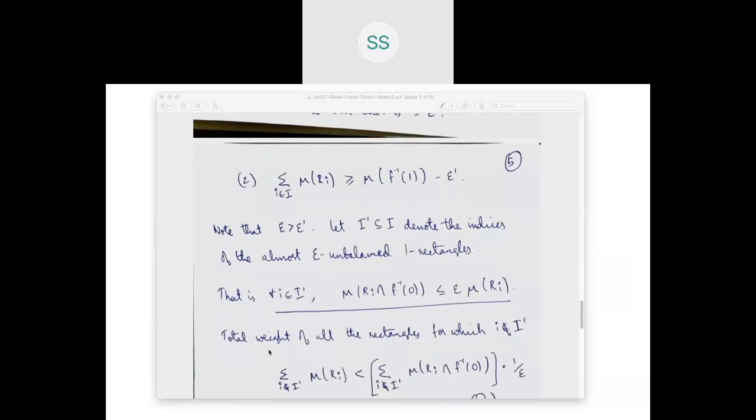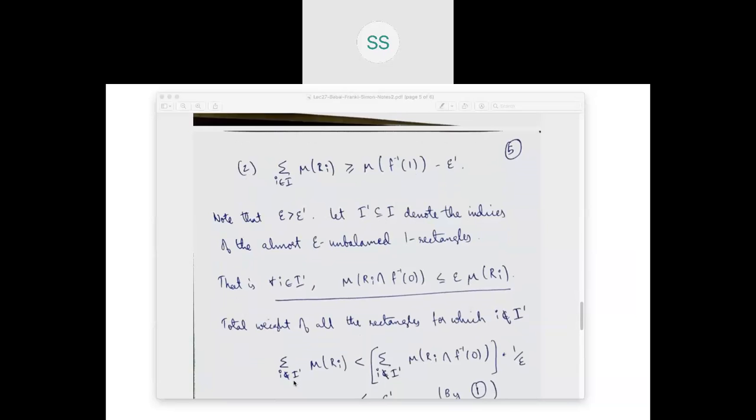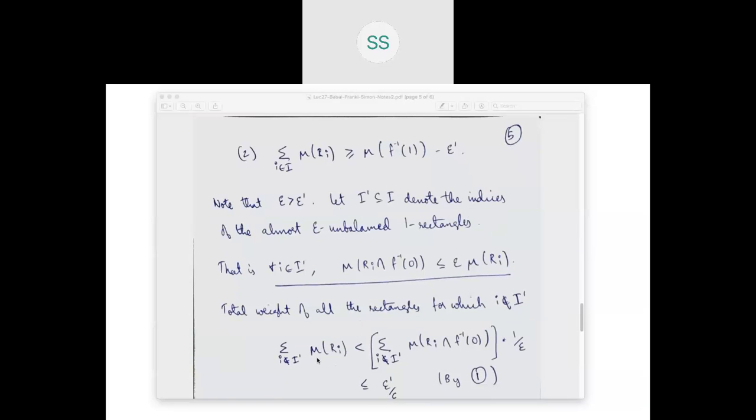So now let us consider the total weight of all the rectangles for which i is not part of I prime. That is, summation i not in I prime mu of Ri. Now, if i is in I prime, this inequality is satisfied.